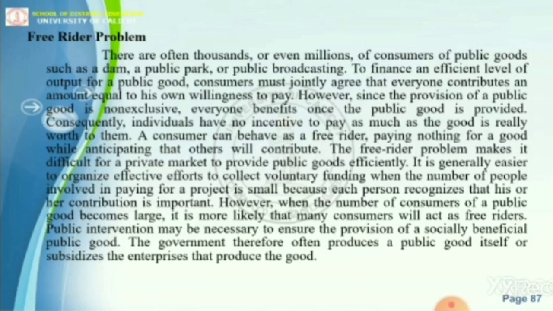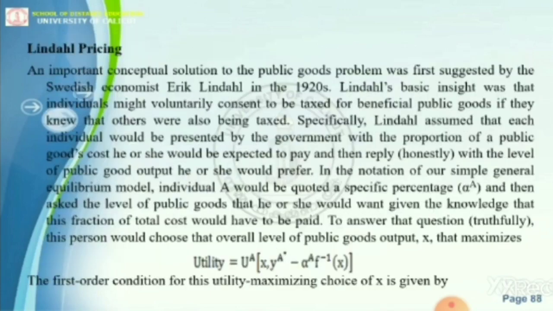However, when the number of consumers of a public good becomes large, it is more likely that many consumers will act as free riders. Public interventions may be necessary to ensure the provision of a socially beneficial public good. The government therefore often produces a public good itself or subsidizes the enterprises that produce the good.